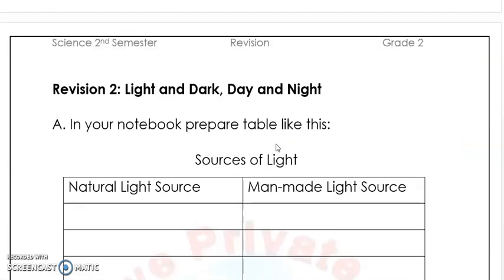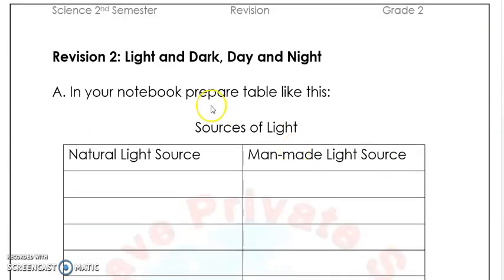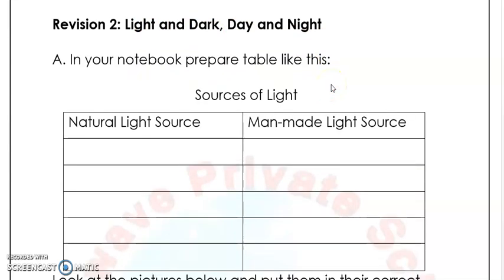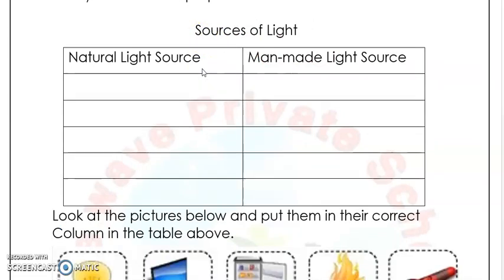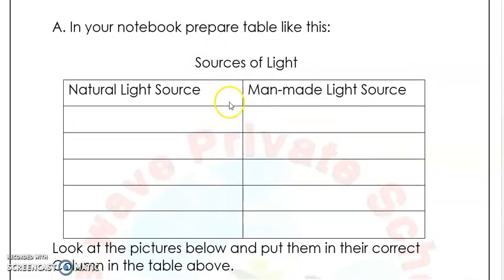The next day, you can go to revision number 2. Revision number 2 is chapter 5, where we talk about light and dark, and day and night. Same thing, do this one in your notebook. For letter A, you're going to copy this table in your notebook.